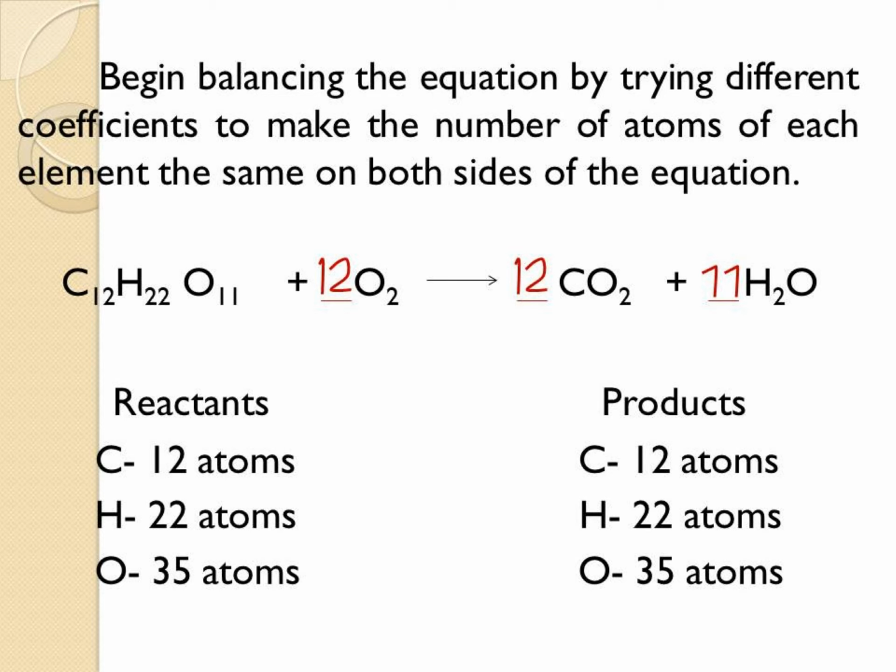On the product side, that is 11 times 2, that's 22. And oxygen on the reactant side has a total of 35 atoms, and on the product, we have also 35 atoms. I just want you to study this in detail so that you will learn how it was balanced.